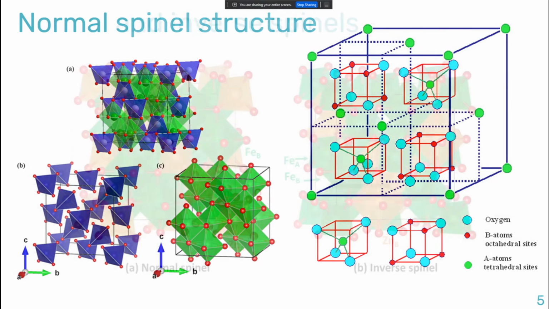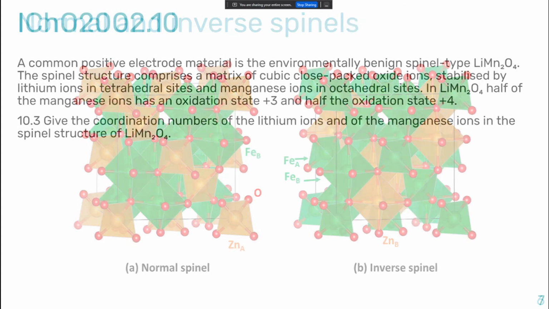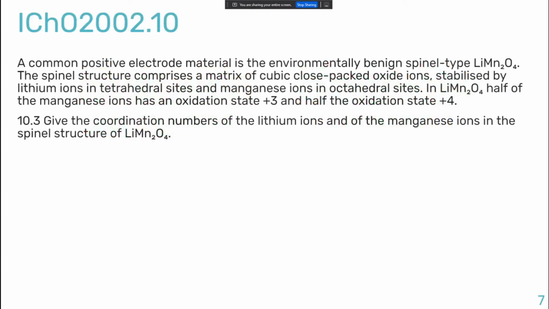And moreover, if we go to the problems, then usually you are not asked to differentiate between normal and inverse spinels, but what you are asked is to understand whether a cation will occupy a tetrahedral or octahedral hole. For example, in 2002, by the way, that's one of the first problems at the IChO about those structures, but it is very, very easy.